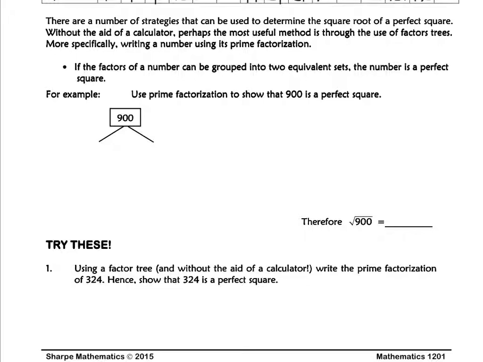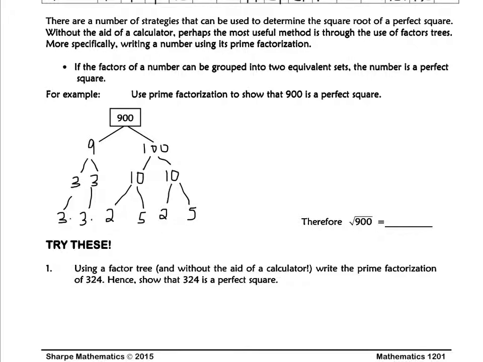You would break down the 900 into factors and then continue to break them down into prime factors. So 9 would be 3 times 3, 100 would be 10 times 10, and then that would give you 3, 2 times 5, 2 times 5. So your prime factors for 900 would be 3 times 3 times 2 times 5 times 2 times 5.